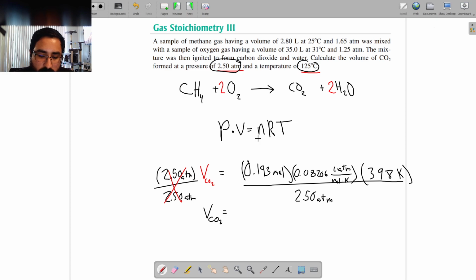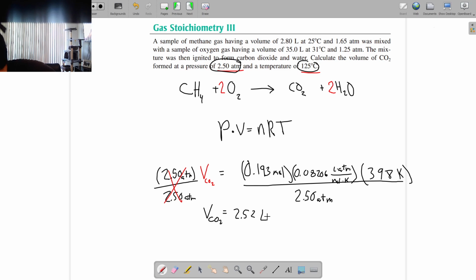0.193 times 0.08206 multiplied by 398 divided by 2.50 ATM, and the volume of CO2 is 2.52 liters. I gotta check that. I don't believe these lies. This don't seem right to me.